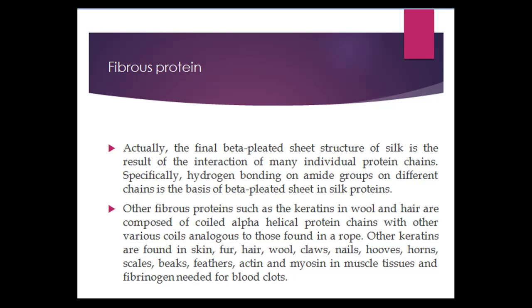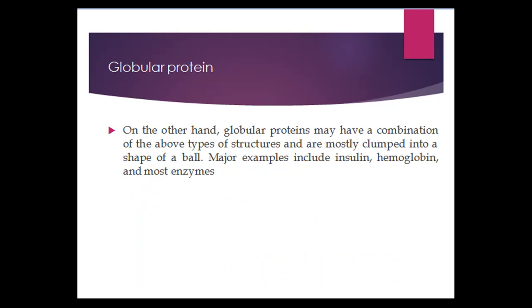Other fibrous proteins such as keratins in wool and hair are composed of coiled alpha helical protein chains with various coils, which is analogous to those found in a rope. Other keratins are found in skin, fur, hair, wool, nails, horns, scales, beak, and many more.